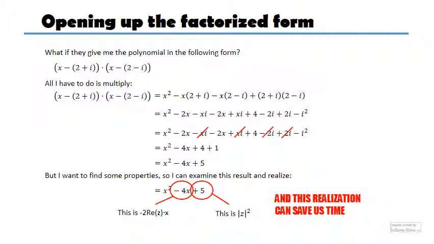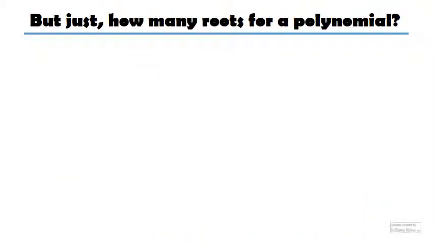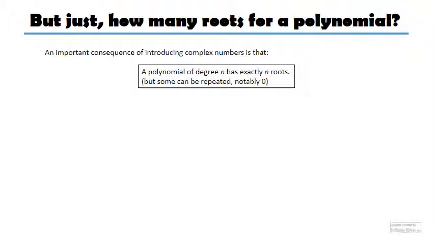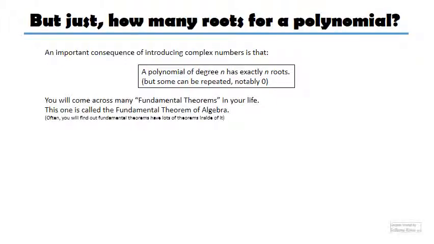This might save us time later on in the game. So we come to a fundamental theorem. The idea is that any polynomial of degree n has exactly n roots. Now, sometimes the roots can be repeated, which is going to be kind of complicated. This is the fundamental theorem of algebra.